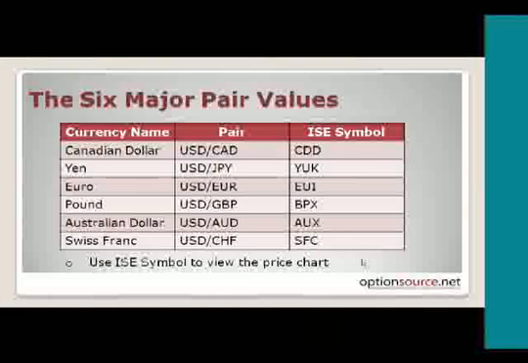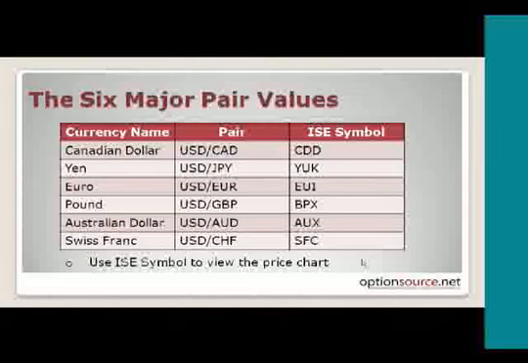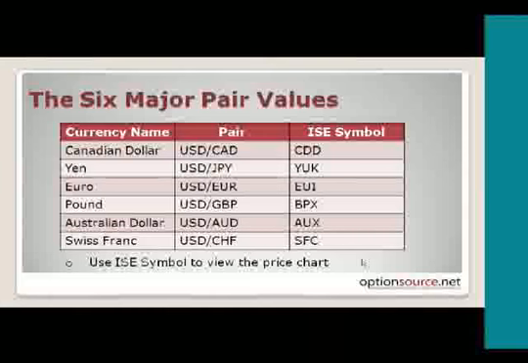You're not going to owe or have to deal in any other currency. This is just simply a vehicle to trade your outlook on these currencies, but done in such a way that you only have to worry about the U.S. dollar settlement.